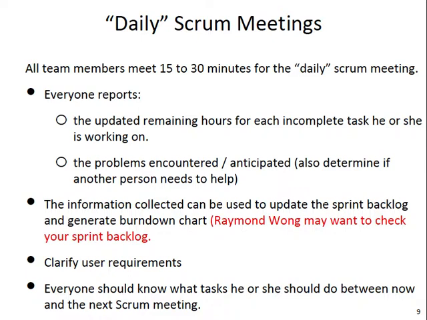Friday, everyone checks with each other, then they know what they need to do on Saturday and Sunday, and hopefully they have some time, because I suspect Monday to Friday you would be quite busy. So you may need to catch up on some work on Saturday and Sunday. So for your daily Scrum meeting, I suggest you meet twice a week.